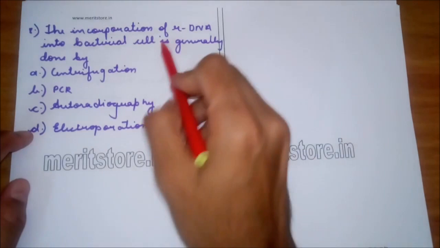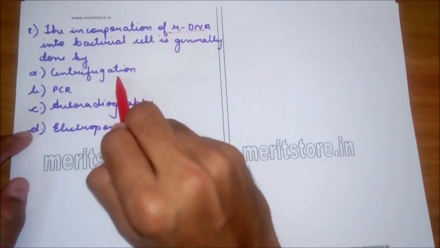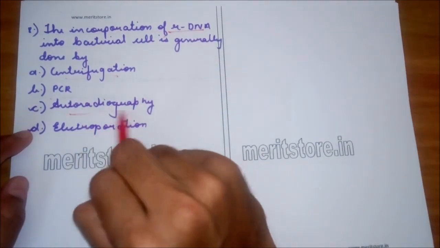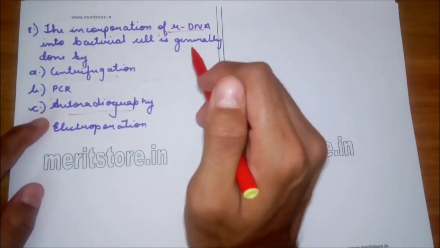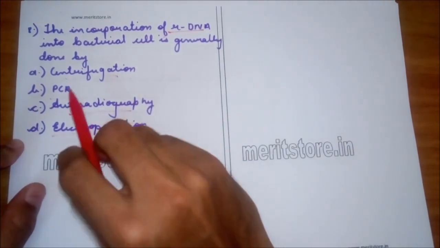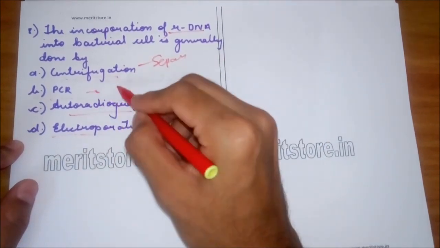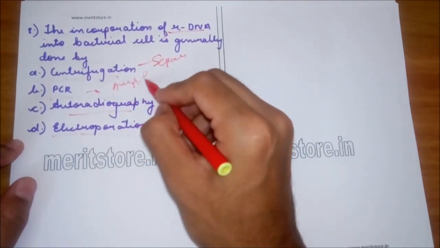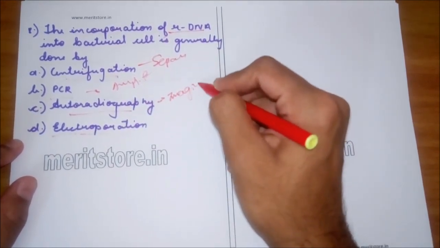Question number 8. The incorporation of rDNA into a bacterial cell is generally done by A, centrifugation; B, PCR; C, autoradiograph; and D, electroporation. Centrifugation will separate, PCR will amplify, and autoradiograph will give you imaging.